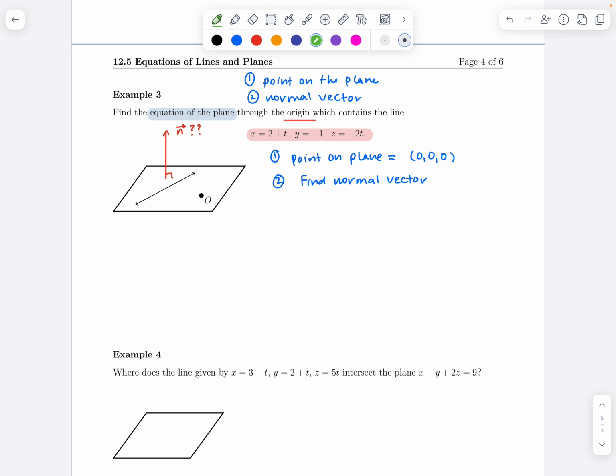And we know that equations of lines come with a slope vector associated with them, and that slope vector comes from the coefficients of the t's in the parametric equations. So you may prefer to rewrite these parametric equations stacked the way we did in our lecture.